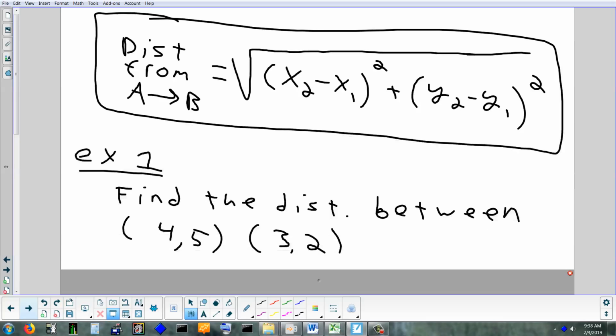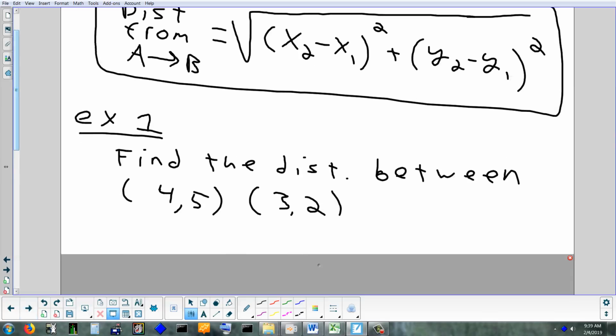All right, so when they ask us to find the distance between 2 points, what I usually do first is just label the 4, the 5, the 3, and the 2 with the x2, x1, y2, and y1, just so we know which number is going to go where. So, Jose, let's start with the 4. What could I label the 4 as? I actually have 2 choices. X1 or x2.